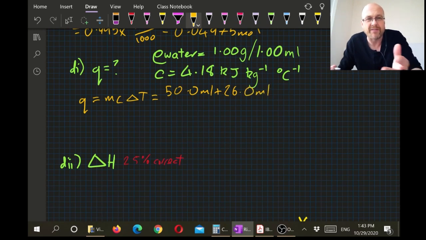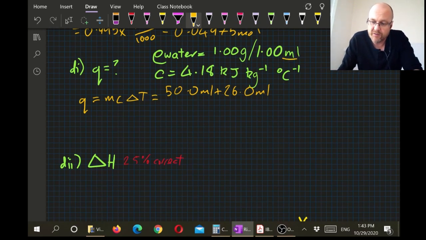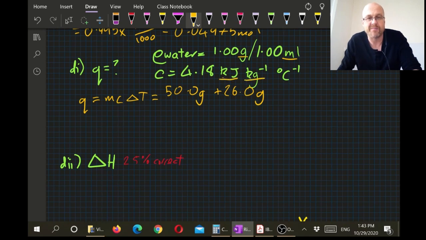Now hold on, I need mass, and that's millilitres. Well, 1 millilitre is 1 gram. So I can change that to grams. And since the question wants it in kilojoules, I better be in kilograms. Kilojoules gives me kilograms. So I have to divide grams by 1,000.